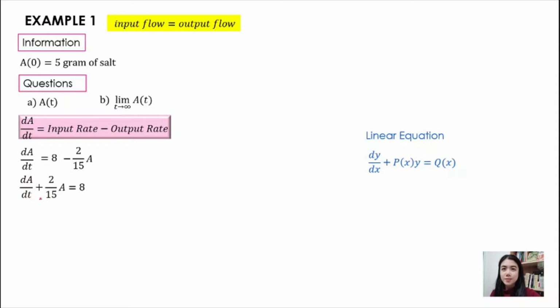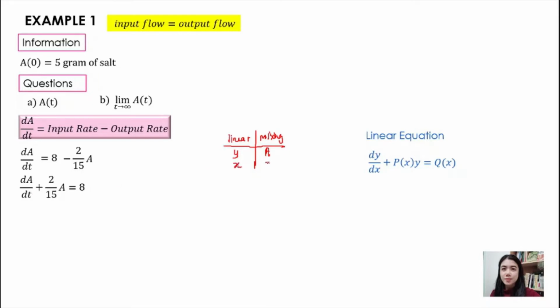For the linear equations, the position of y is taken over by the variable A in the mixing problem, and the place of the variable x is taken over by the variable t.